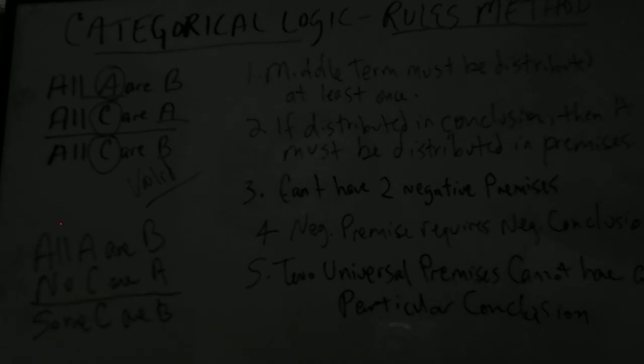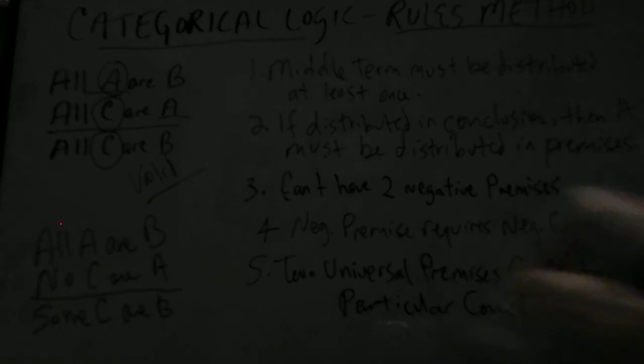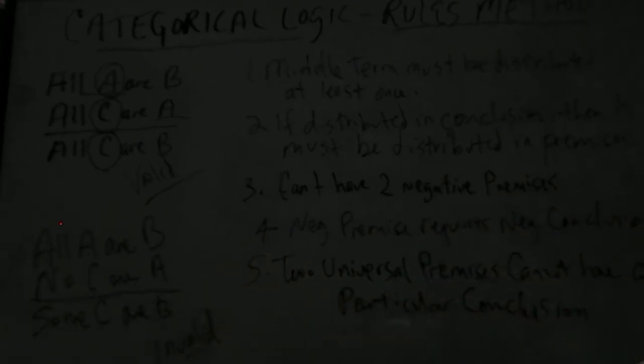Okay. But if you have, let's say, all A are B, no C are A, therefore some C are B, well, that one would be an example clearly where you have two universal premises, the A and the E, leading you to a particular conclusion, which is the I. That one is going to be considered invalid because it violates this 5th rule.